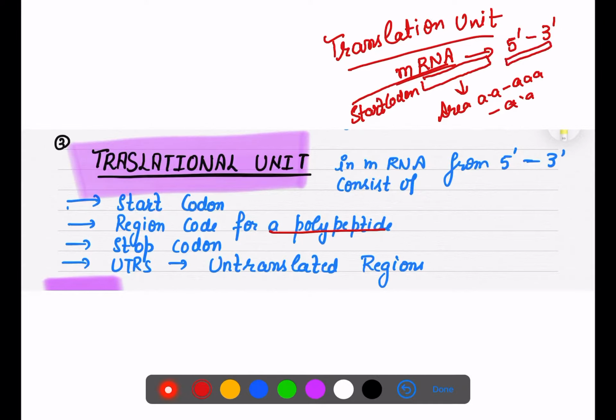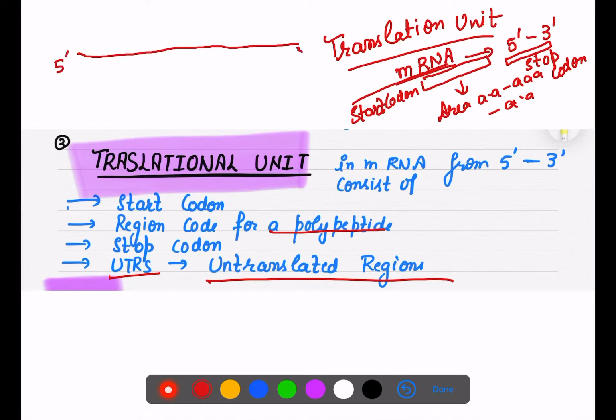At the end it should have a stop codon, and then there is a new thing which we have added here, that is untranslated regions. Suppose this is mRNA 5' to 3', and here is my start codon, here is the stop codon. This is the area from where the polypeptide chain will be synthesized.